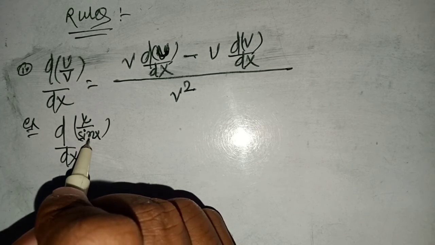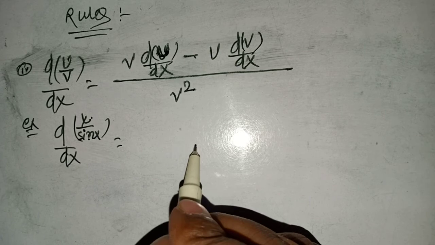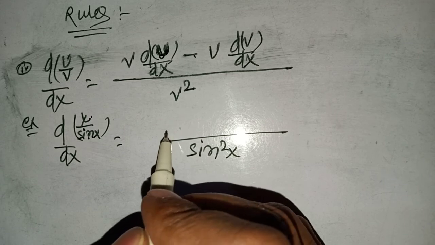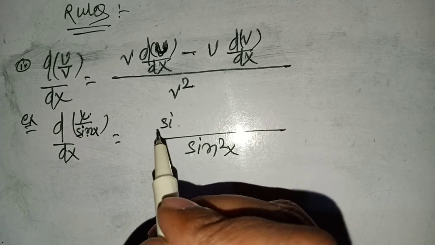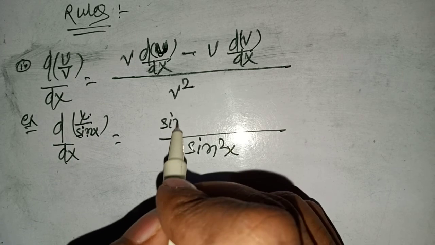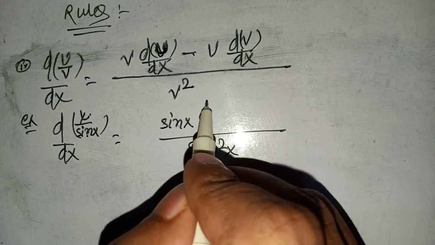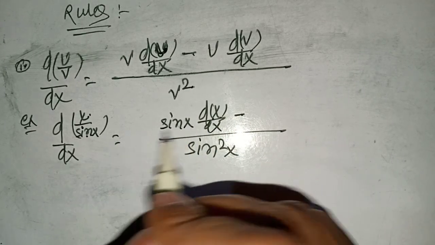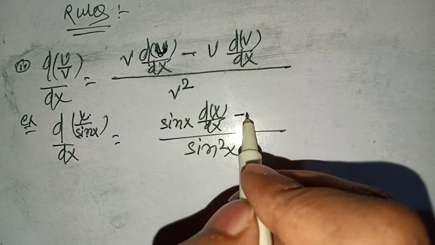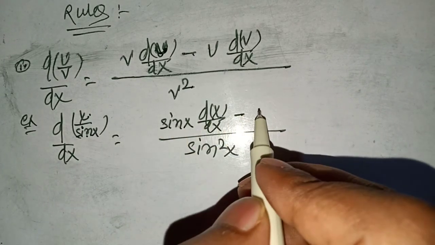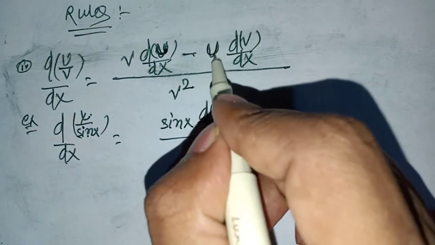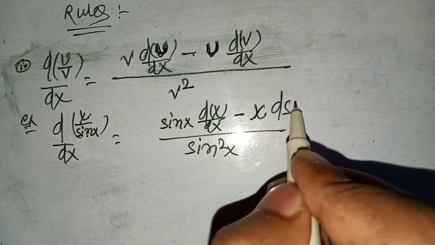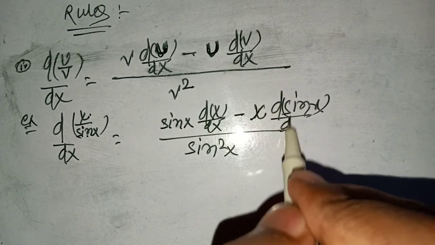So sin x is v, x is u, so here you have to write sin square x in the denominator, then sin x into differentiation of x by dx, minus, now v is sin x, u is x will come out, and d sin x by dx.